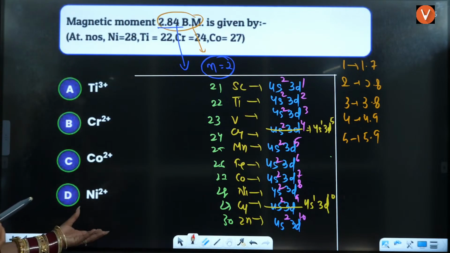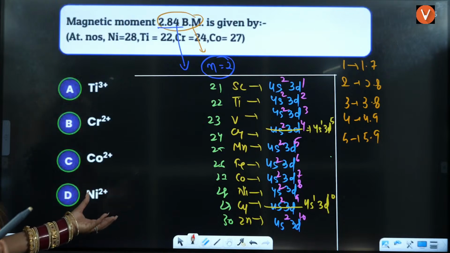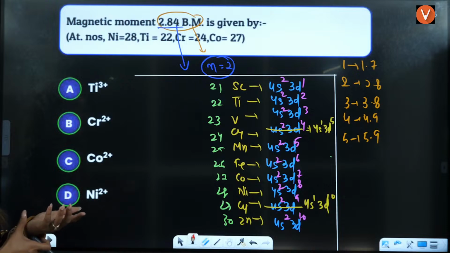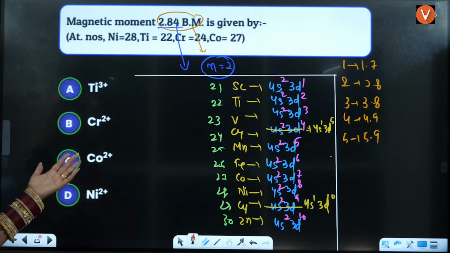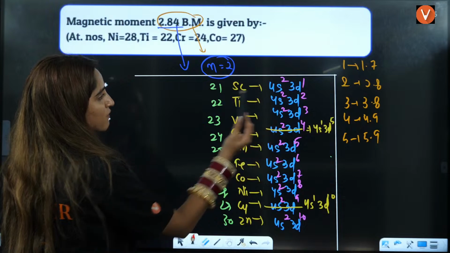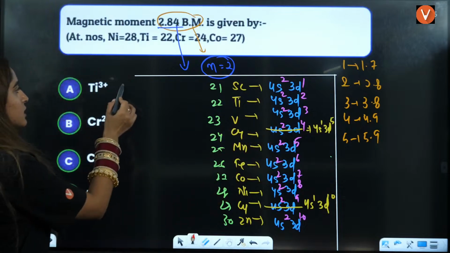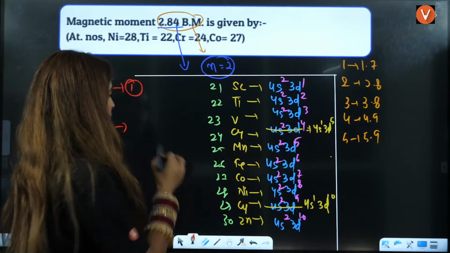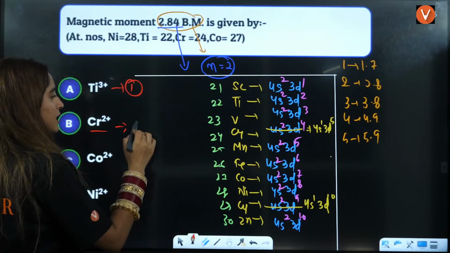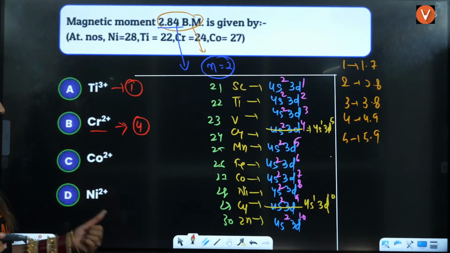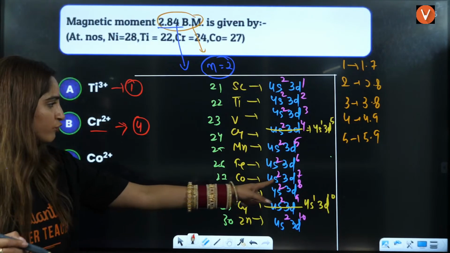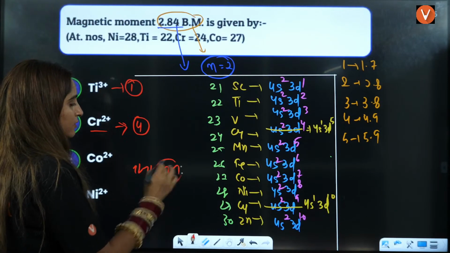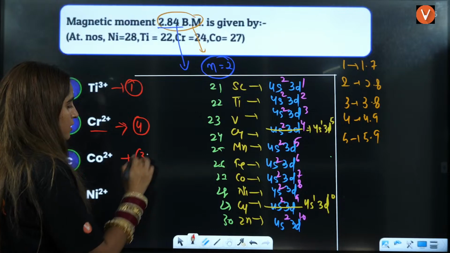Now, 2 unpaired electrons will be there for which of the following? That means you need to have 2 unpaired electrons. Titanium 3 positive means you are going to have just 1 unpaired electron. Chromium 2 positive means you take out 2 electrons, and you are going to have 4 unpaired electrons. Then cobalt: you take out 2 from here, and you have 3d7, so again 3 unpaired electrons.